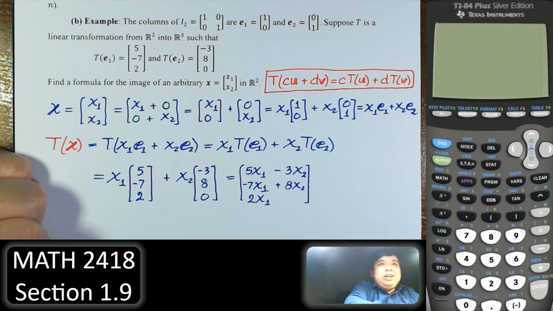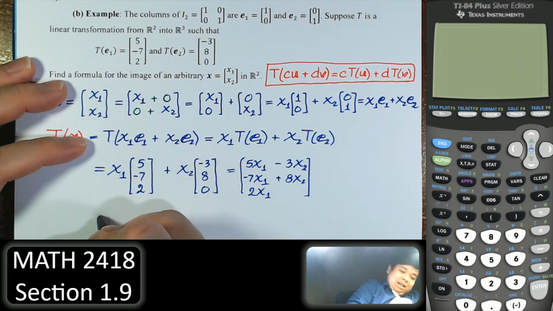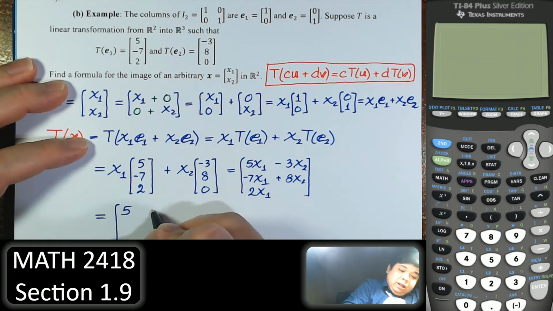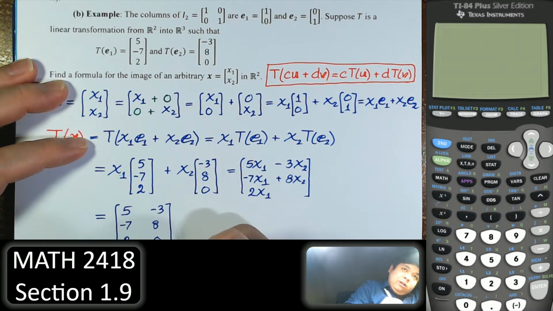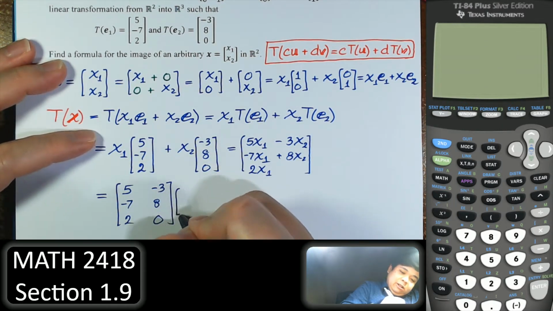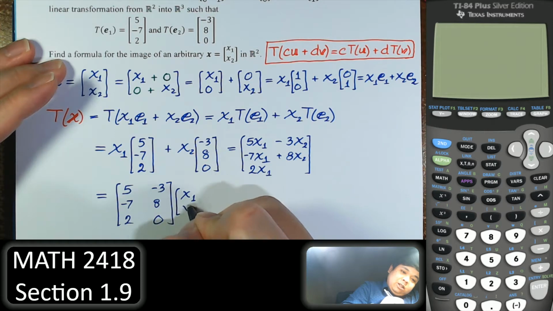And finally we can put this in the matrix form. The matrix is 5, -3, -7, 8, 2, and 0. And the vector is x1, x2.